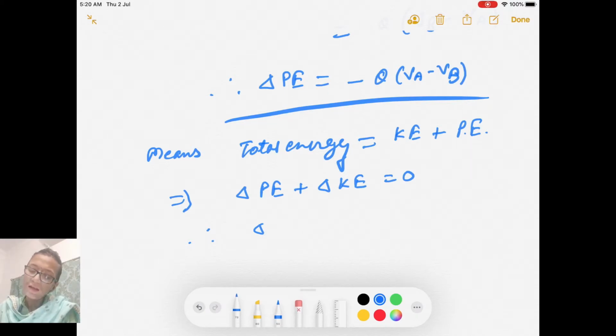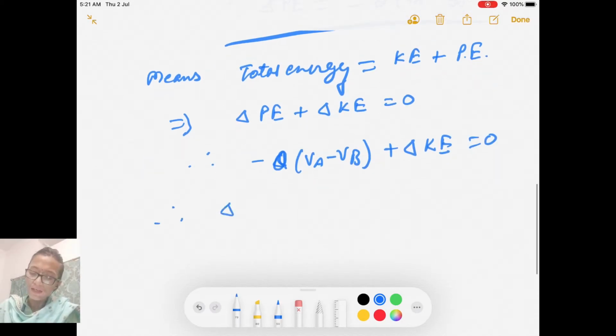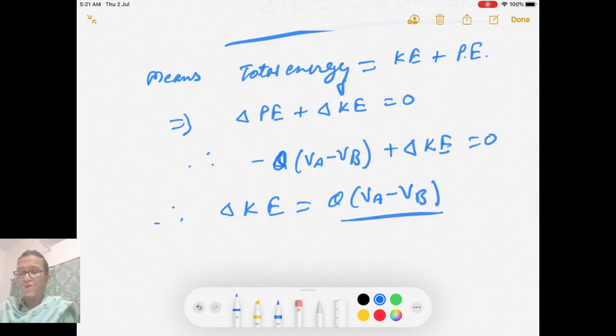Change in potential energy is given by minus Q (VA minus VB), plus change in kinetic energy is equal to 0, and therefore change in kinetic energy is equal to Q(VA minus VB), and this is a positive quantity.